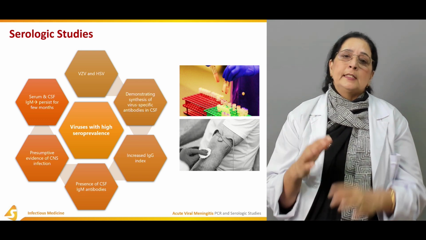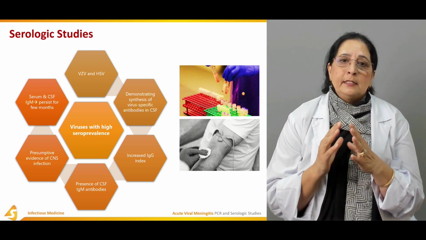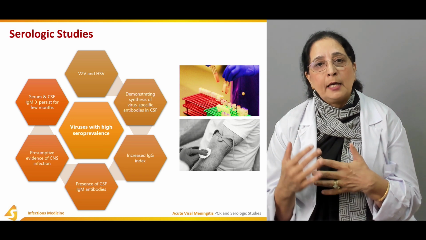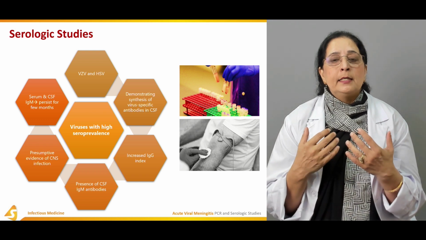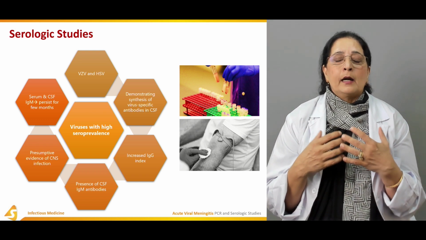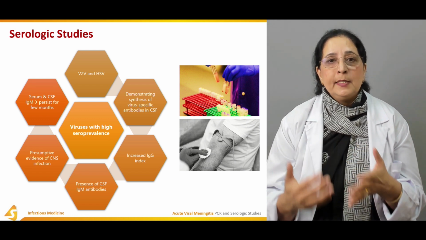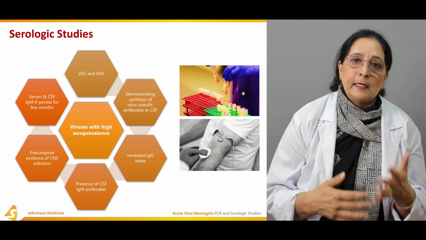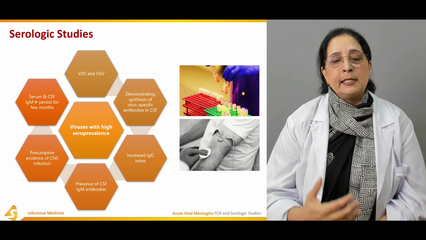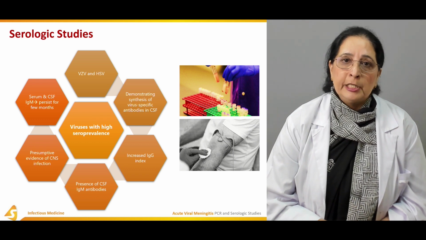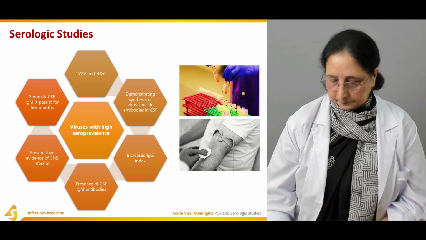So serological studies, if we summarize this, are done to find out if IgG and IgM antibodies are in the serum. They are helpful in finding infections caused by herpes simplex virus, varicella-zoster virus, and cytomegalovirus, where we have IgM and IgG antibodies present in the serum.